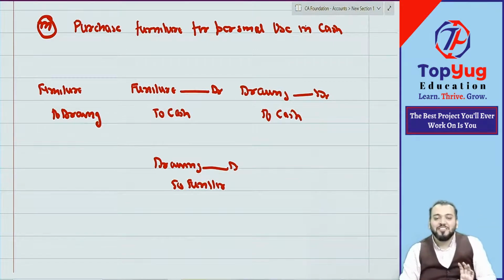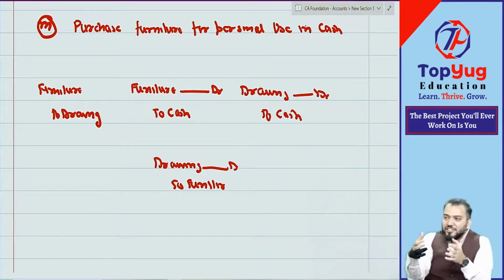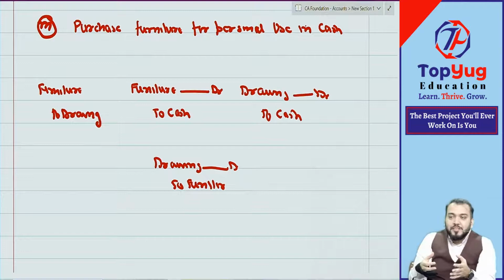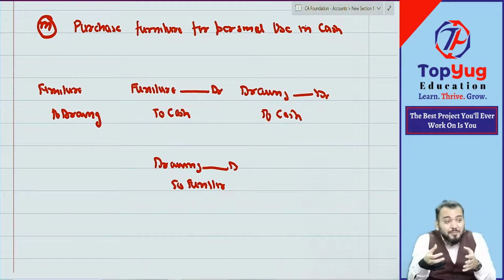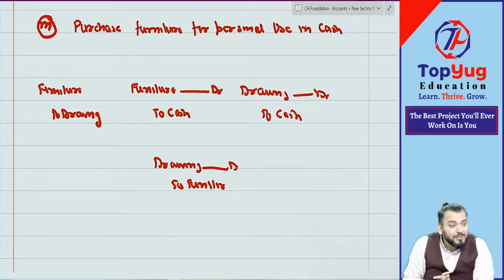Correct. First, let us identify two aspects. As I explained in the last example, I think you have not used common sense. I said we purchase furniture for what purpose? Whether that furniture is coming into business. No, that furniture is not coming into the business.